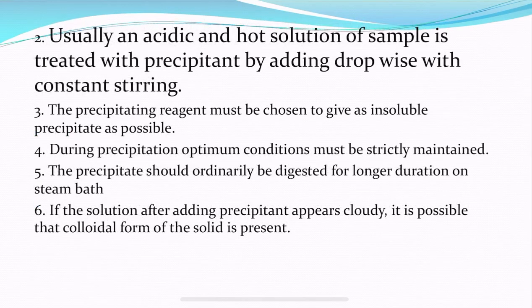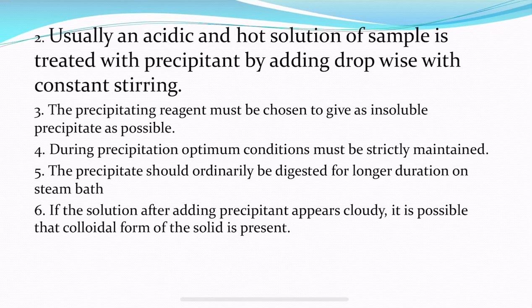And the second point is, usually an acidic and hot solution of a sample is treated with precipitant by adding dropwise with constant stirring. Okay. An acidic solution or a hot solution of a sample is treated with the precipitant, but we have to add it in a dropwise manner with the constant stirring.